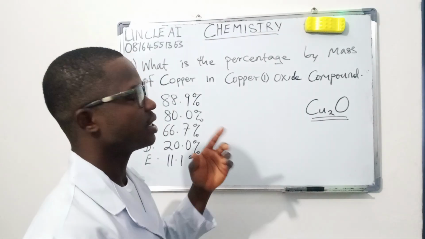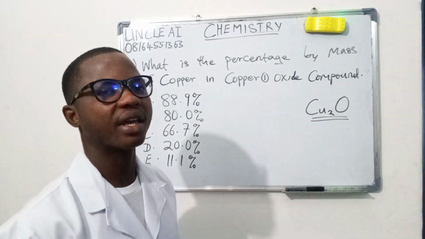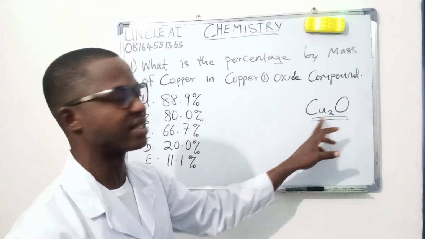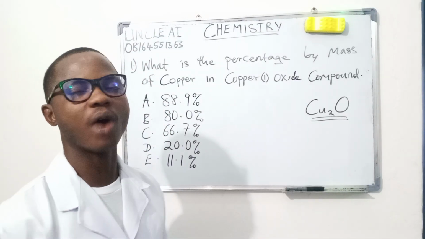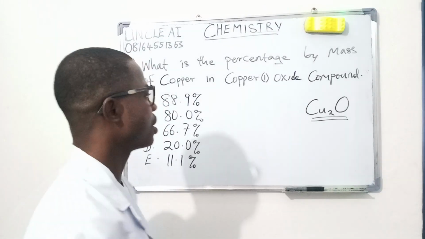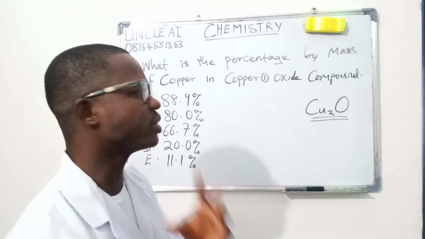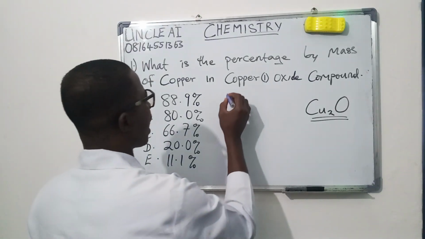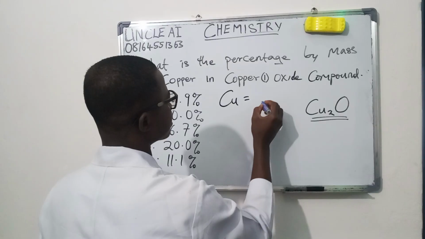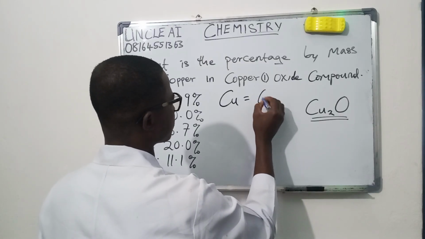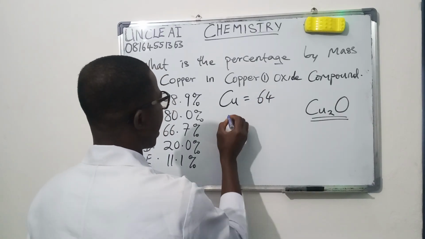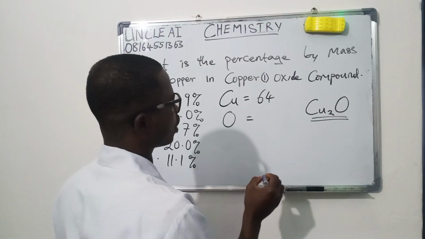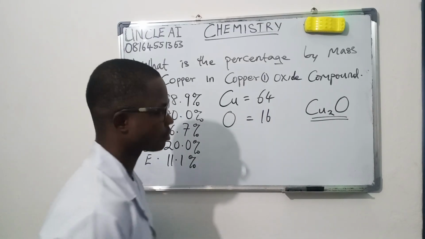Now, the next thing is to write out the individual atomic mass of the elements present in the compound. From the periodic table, we have that copper has an atomic mass of 64, while oxygen has an atomic mass of 16.